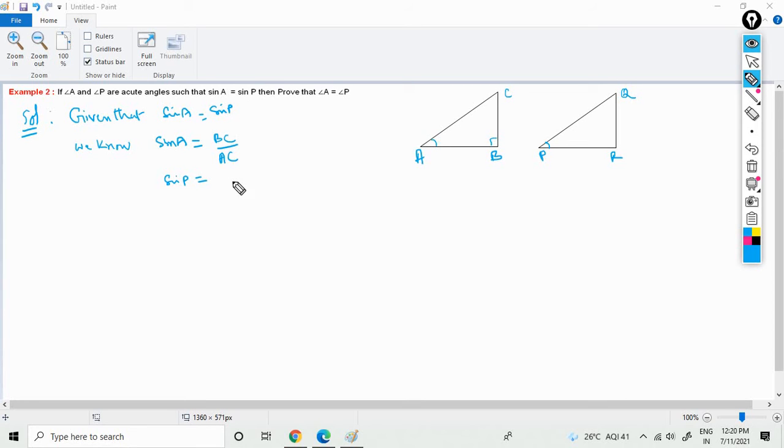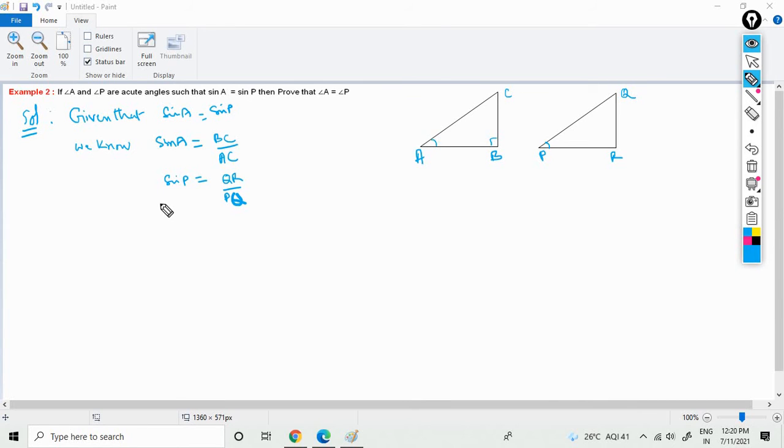So QR by PQ. Let me correct this. So here it is PQ.